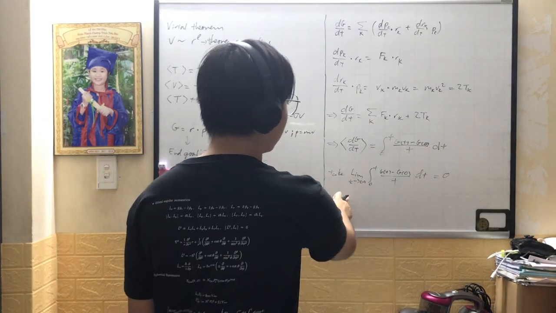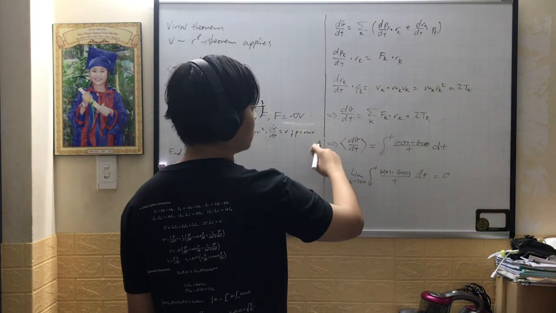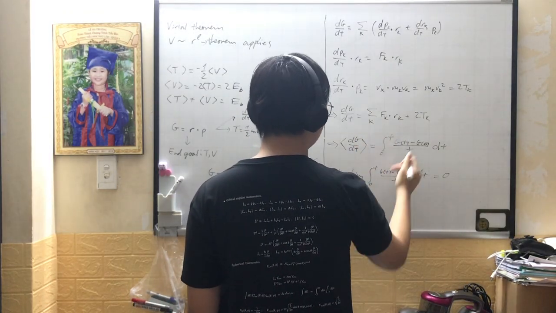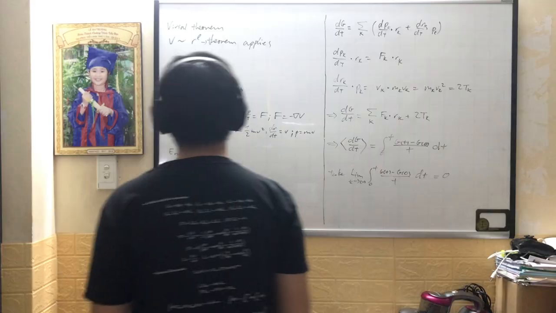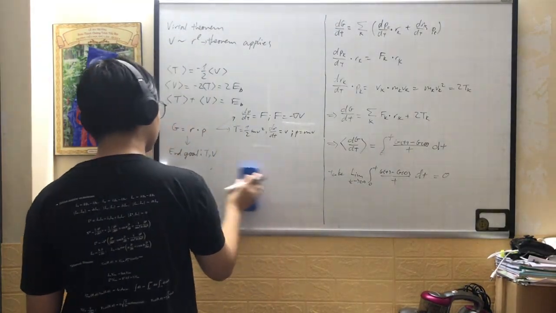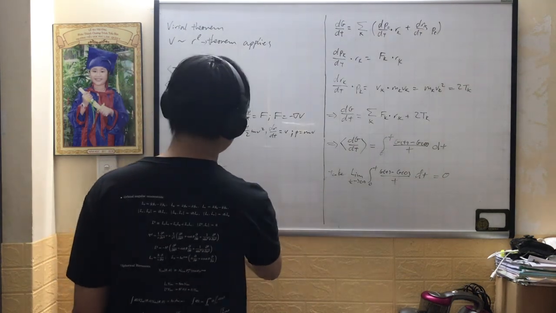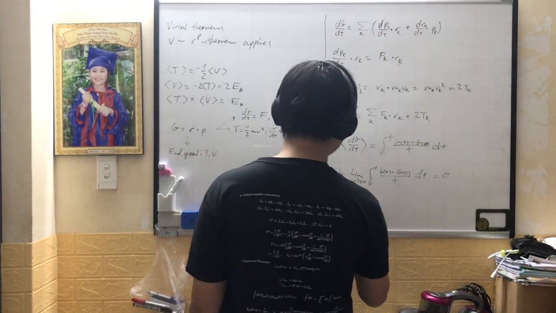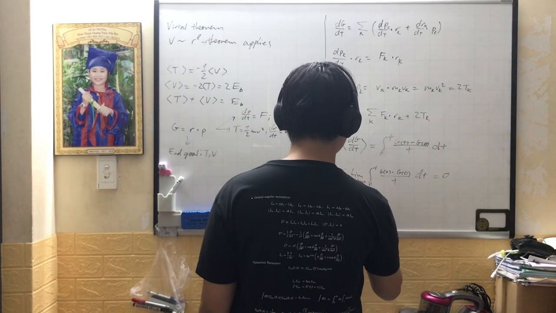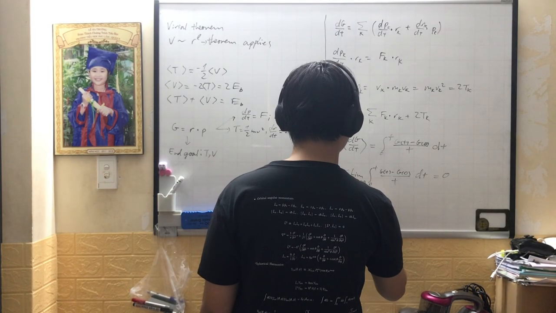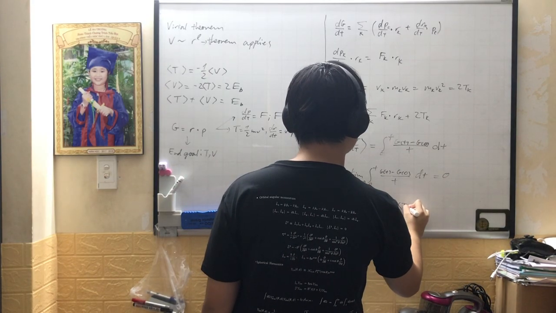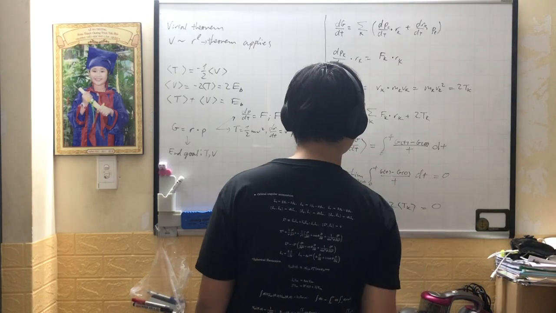Okay, so with that equal to 0, we can put the bracket for these two terms as well. Okay, so we want it to be visible: sum over k of the bracket F_k dot r_k plus 2 times T_k equals 0.